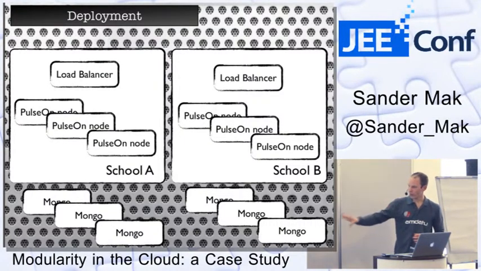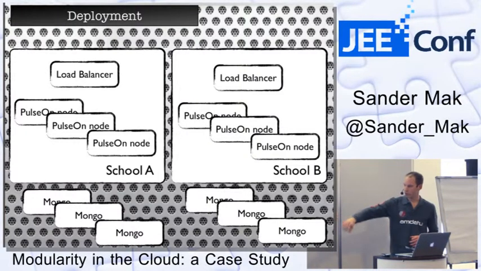Actually, this picture is not completely accurate because even though we have a cluster of Bullseye nodes per school, we currently only have a single cluster of MongoDB for all the schools that we serve. Because the load is so easily handled by this cluster of 3 Mongo instances that we just really don't have the need yet, but we could really split it up further if necessary.